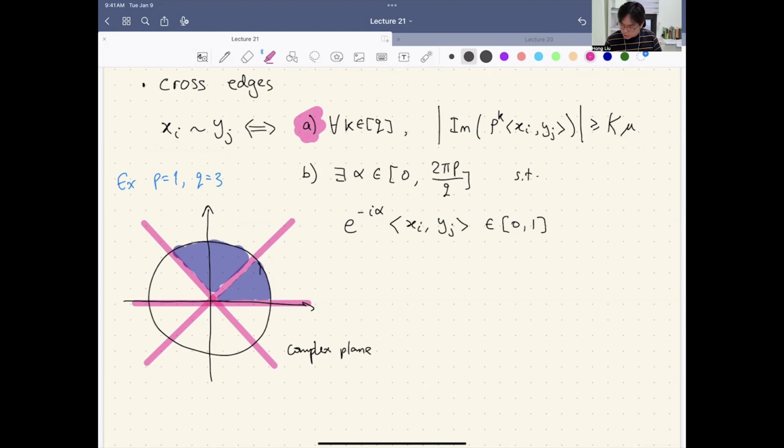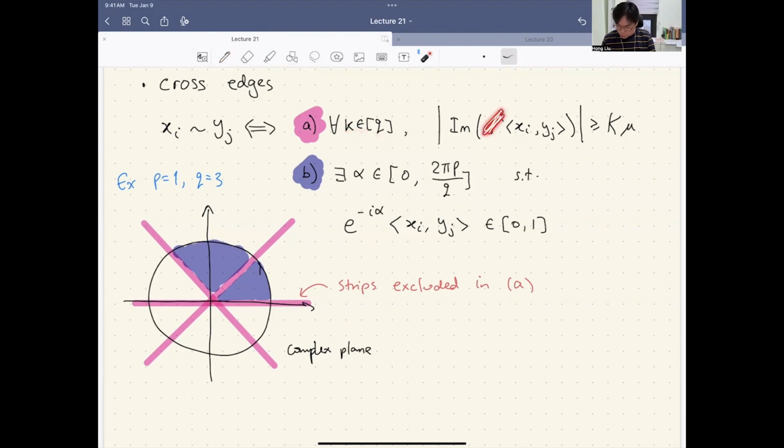A is this color, and B corresponds to this color. This is the strip excluded in A.